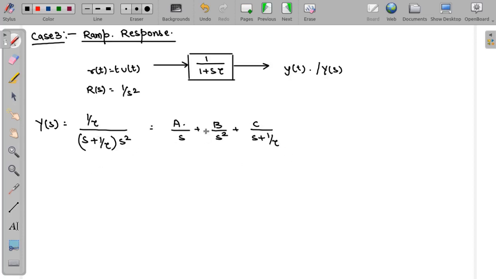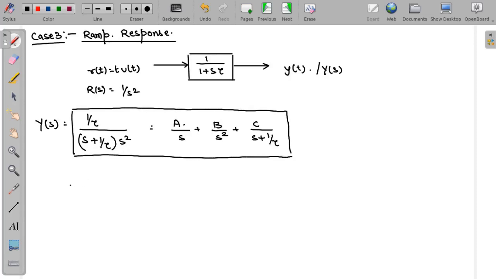If you multiply both sides of this equation by (s plus 1 by tau) into s square, this will be 1 by tau equal to A s (s plus 1 by tau) plus B (s plus 1 by tau) plus C s square. Now first put s equal to 0.